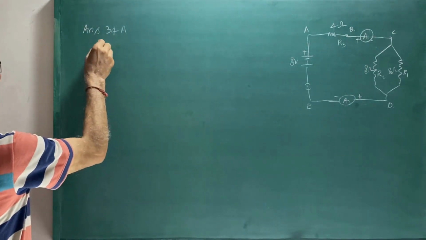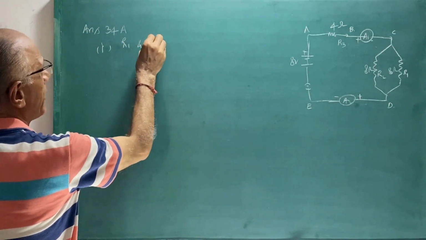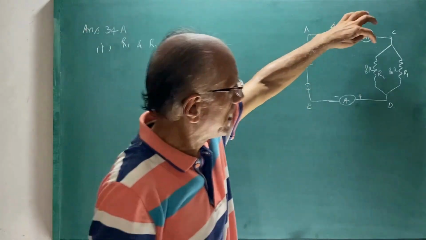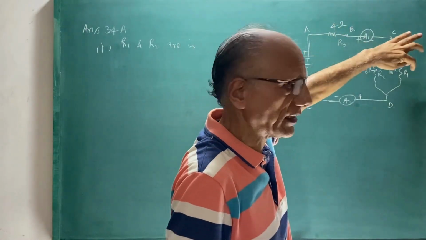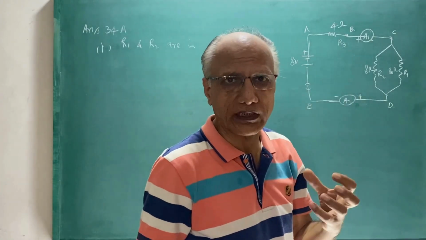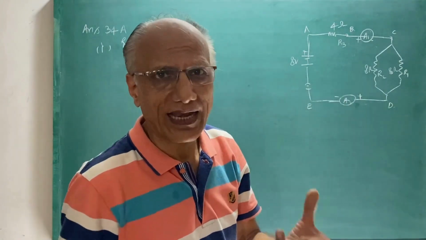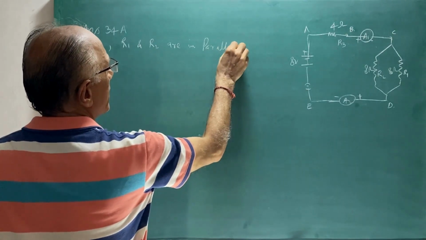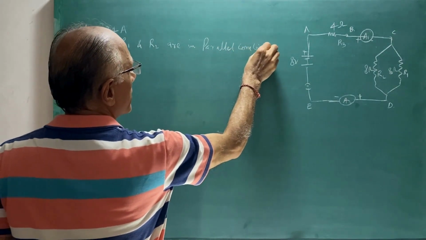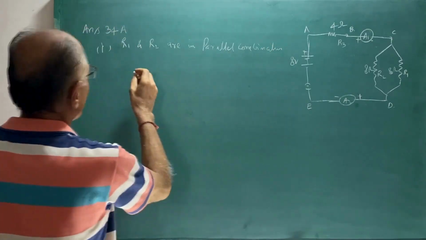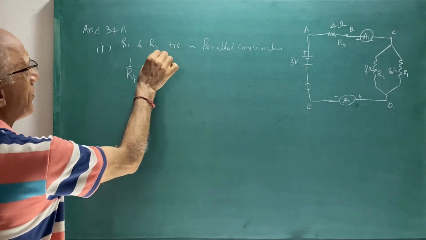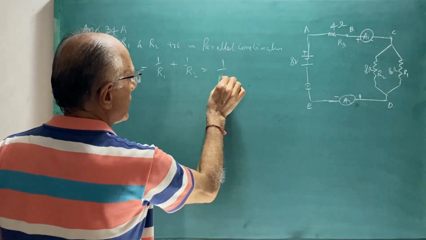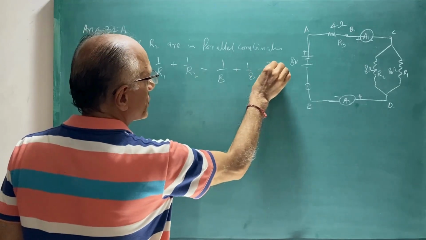So the first part, R1 and R2 are in which combination? From here what is happening, the current can go this way, or this way. Options start, and whenever the options start, then we have a parallel combination. In parallel combination, therefore 1 by Rp will be equal to 1 by R1 plus 1 by R2, that is 1 by 8 plus 1 by 8, that is 2 by 8.